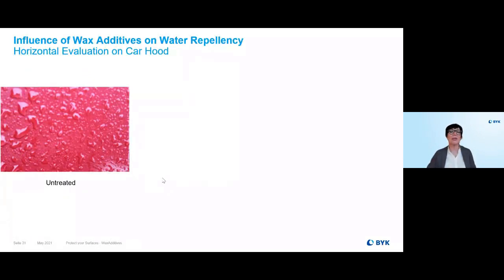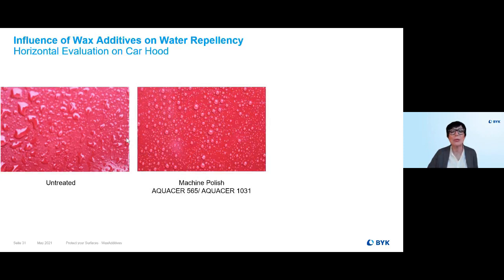And if you take the same car hood and make a water repellency test, you see here how it looks untreated. The contact angle of the water droplets is not very high, so you have a good substrate wetting here with the water, which of course you wouldn't like. And what you see here is machine polish, what you have seen a minute ago in this movie, using car polish based on carnauba wax and low density polyethylene wax.